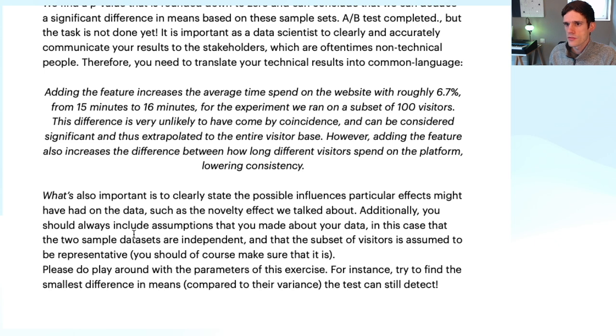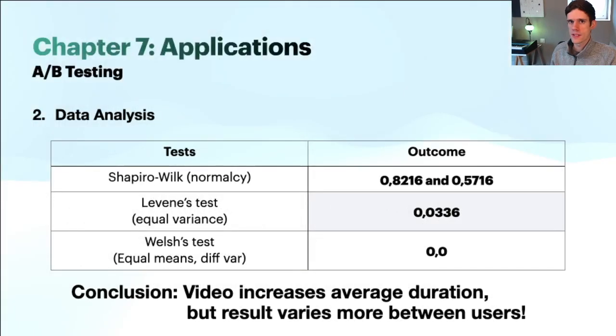However, adding the feature also increases the difference between how long different visitors spend on the platform, lowering consistency. And this is how I would write it in this specific case. Now, of course, it's always important to include your assumptions if you made any, and include any important information that you think is valuable and has a large influence on your conclusion.